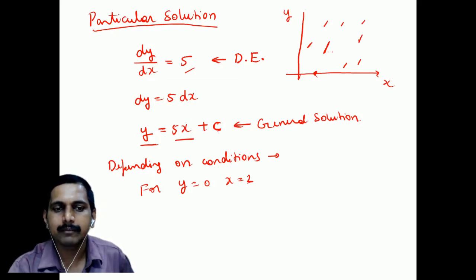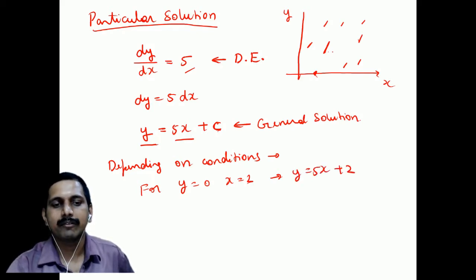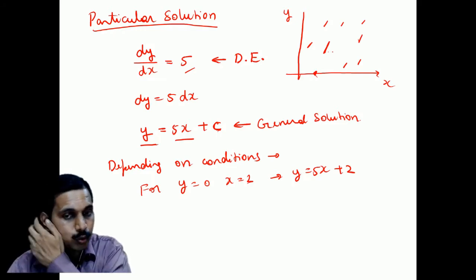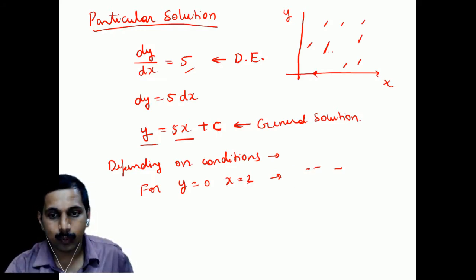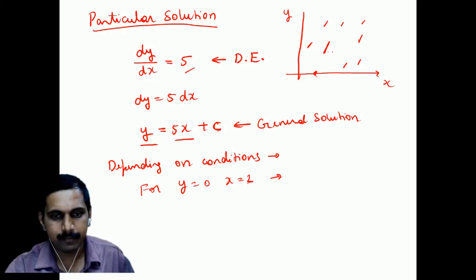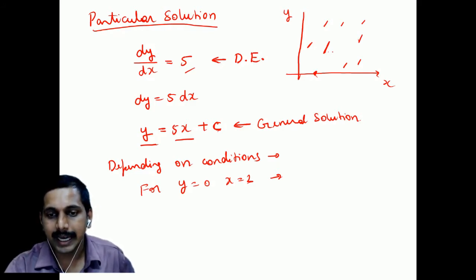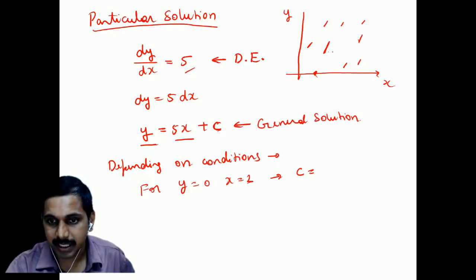When I solve this, depending on this condition, I get c. With y equal to 0 and x equal to 2, c is equal to 5 into 2 minus, correct?